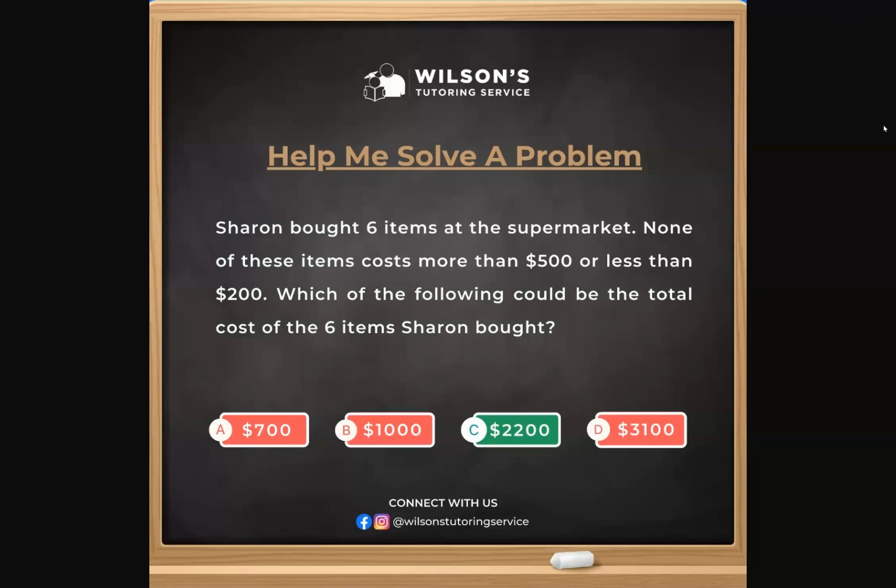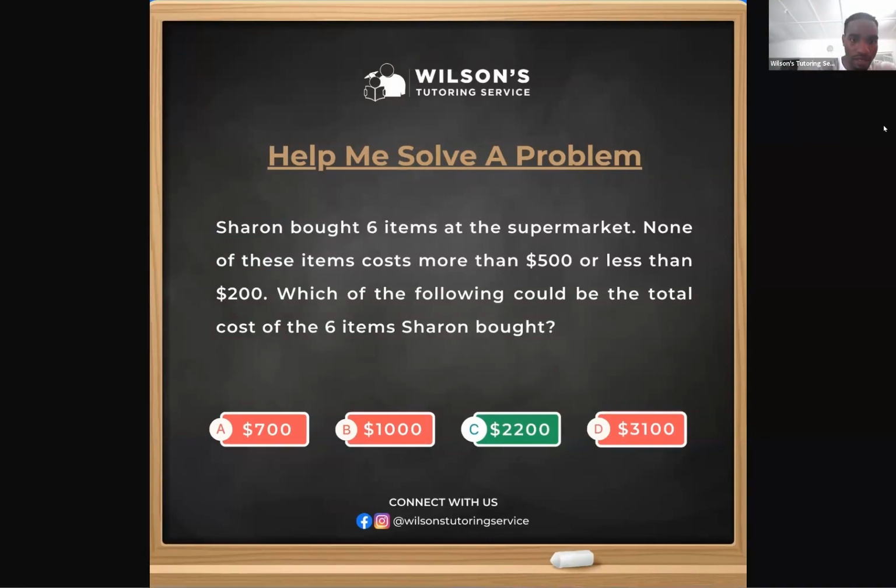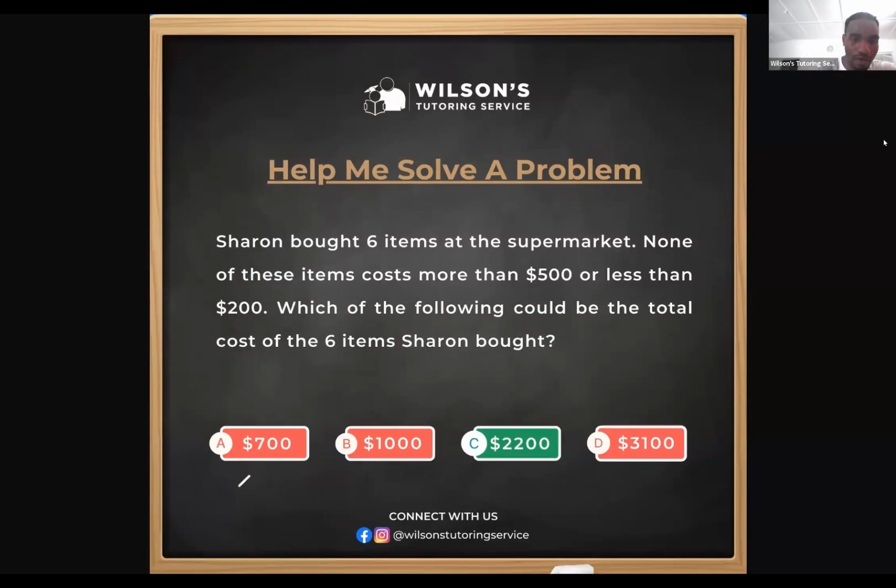It's less than 200. Yeah, so which means this would be out of it, because $116.66 is less than 200. And it says that none of these items is less than 200.